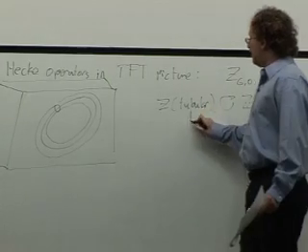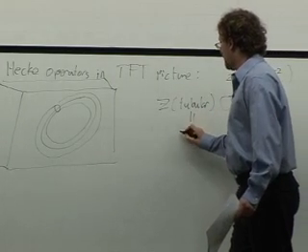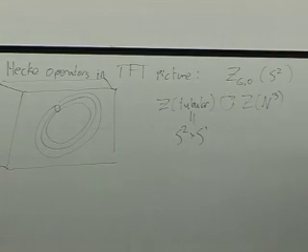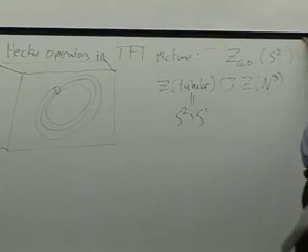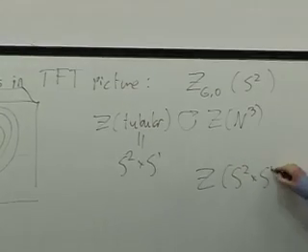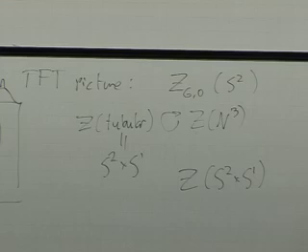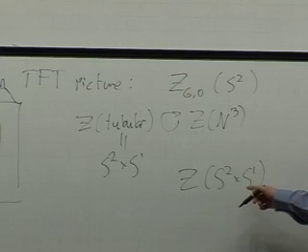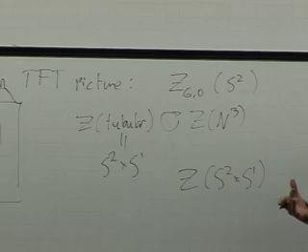But this tubular neighborhood is just S2 cross S1. So you can ask, what is Z of S2 cross S1? There's a general yoga in topological field theory that tells you what happens when you cross by a circle. Crossing by a circle is supposed to be some kind of trace. So this is supposed to be some kind of trace of Z of S2.